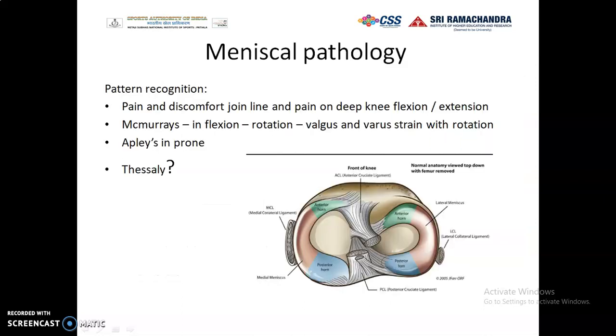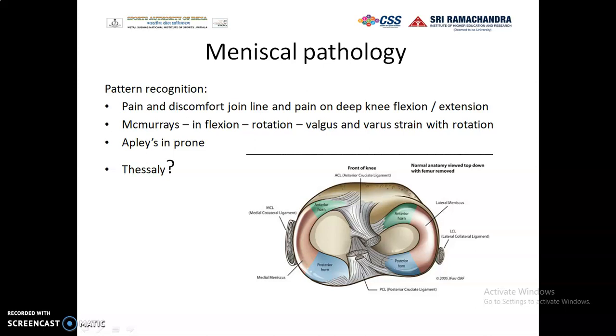So if you try to look at meniscal pathology, again we have to use the clinical reasoning process called pattern recognition. So where does the pain come from? If you ask the patients, where is the site of pain? If patient says, I have pain and discomfort on my lateral or medial side, or I have pain during my knee bending or extending.